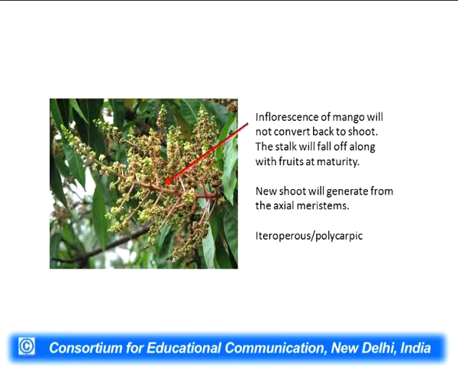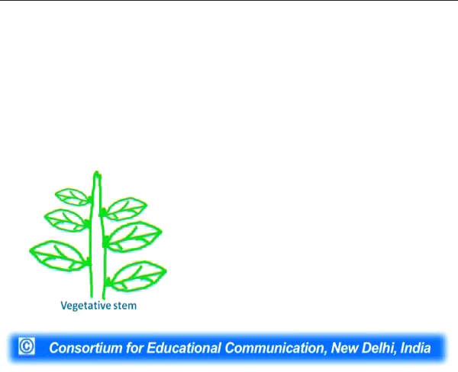However, this mango inflorescence will never give rise to leaves again, and at the end of the flowering or fruiting time, these mango stalks will fall off with or without fruit, and new branches will come from some other place, as I am showing in this cartoon.